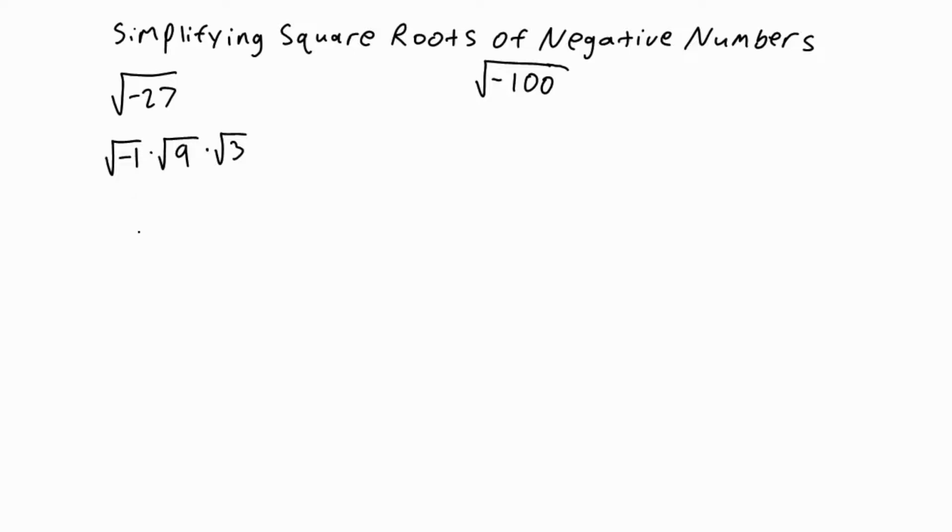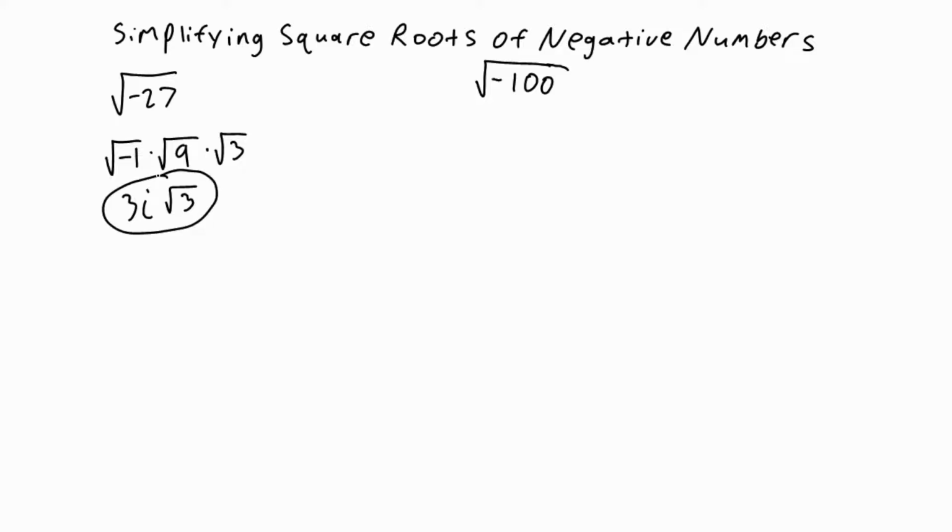So, what's the square root of -1? i. What's the square root of 9? 3. And we put that in front of the i. And then the square root of 3 is left over. Same thing we did before, but now we have i in there. And this is our answer.